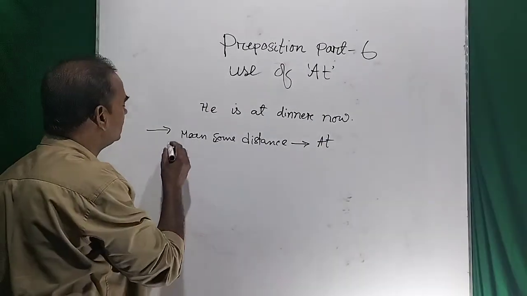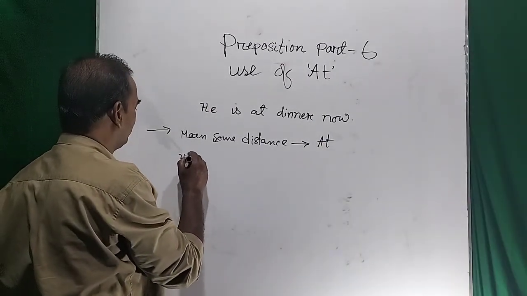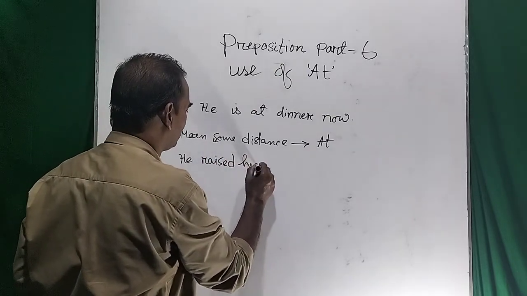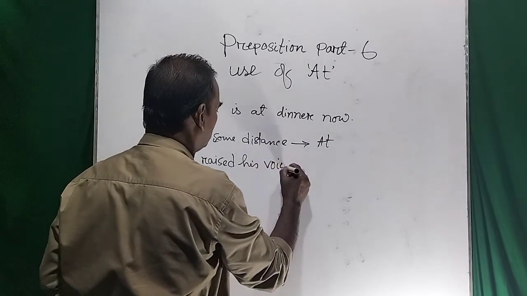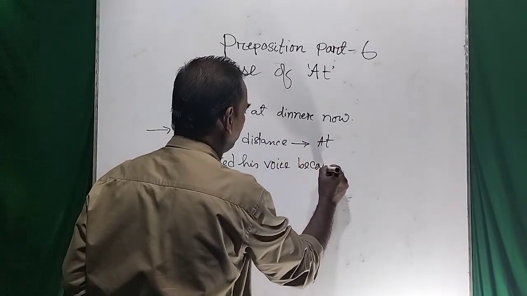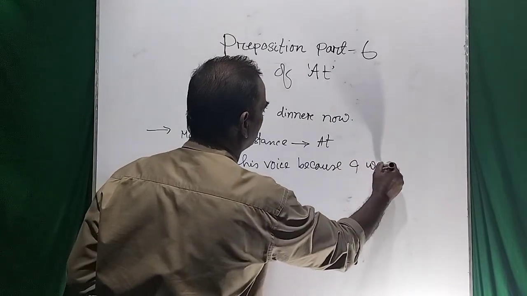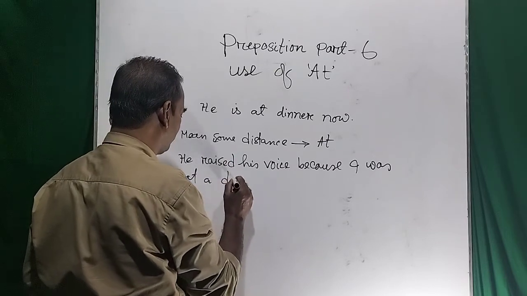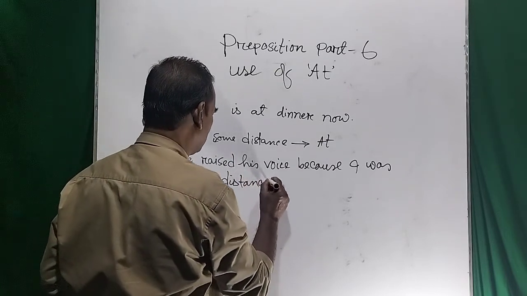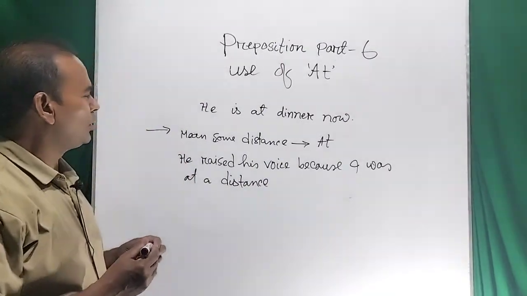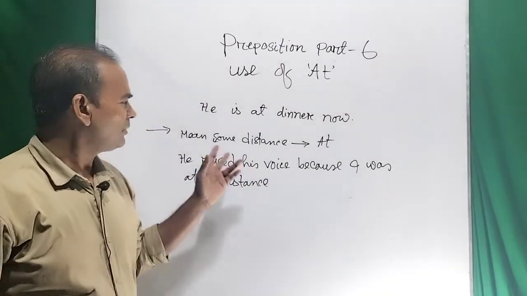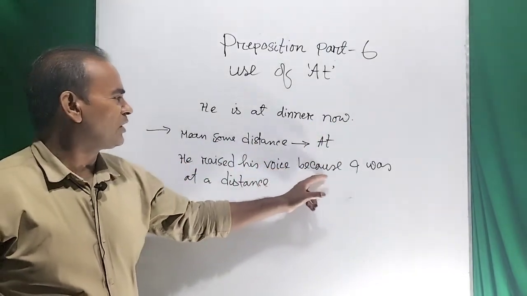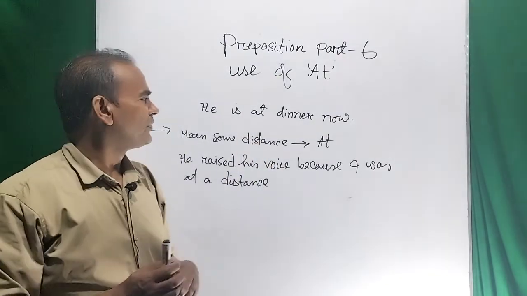Like this way you can see, he raised his voice because I was at a distance. So dear students, you can see, if we want to mean some distance, we can use the preposition at. He raised his voice because I was at a distance.